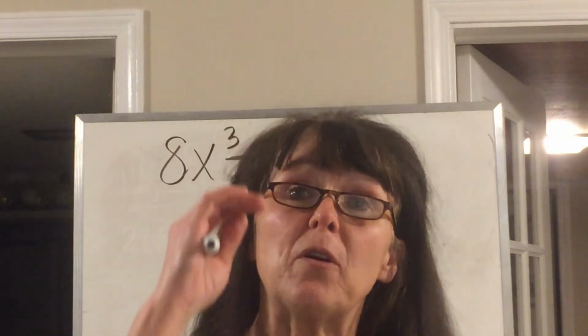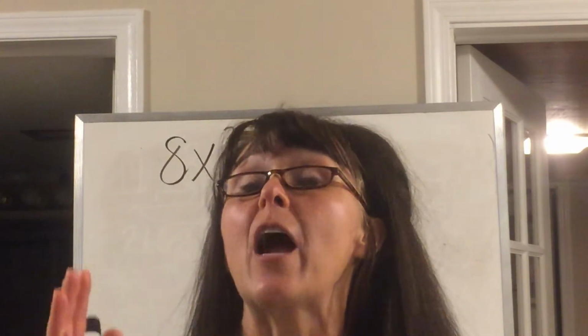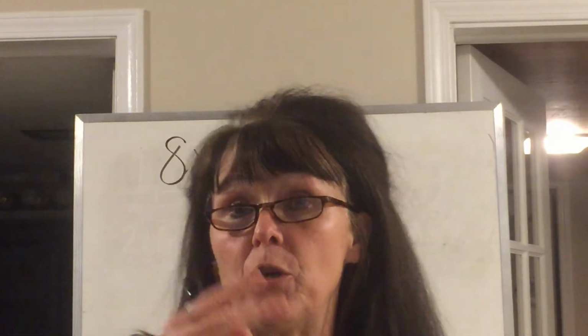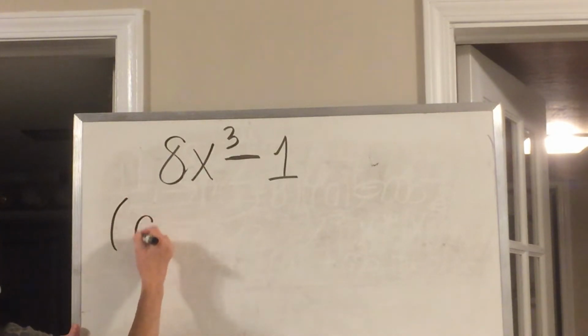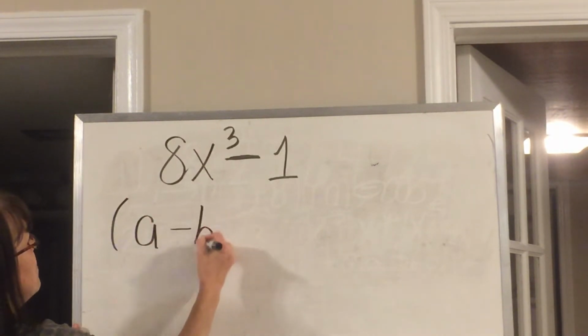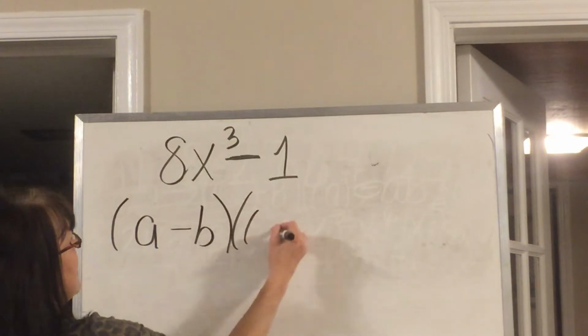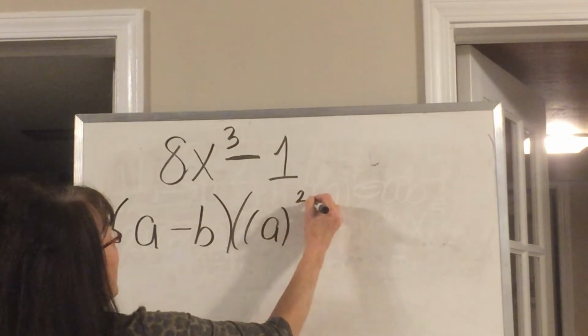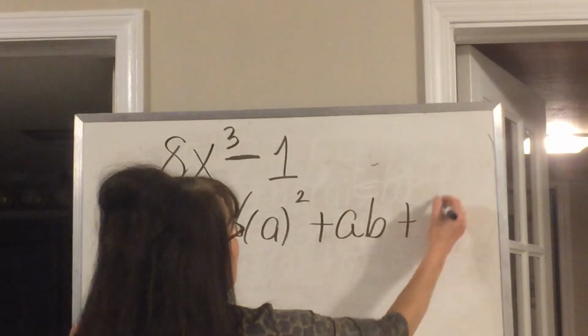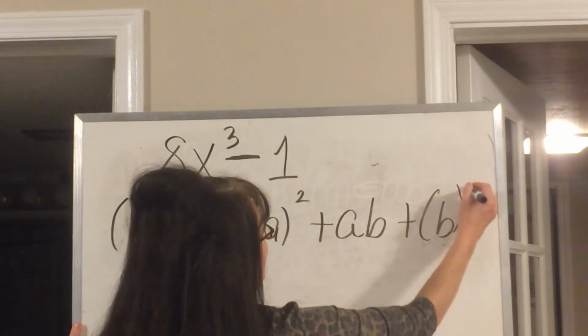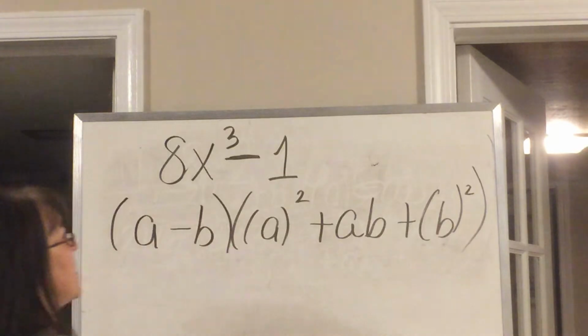And when you put the cube root of 8, it gives you a whole number back, which is 2. So the first thing we're going to do is write the formula, (A minus B)(A squared plus AB plus B squared).